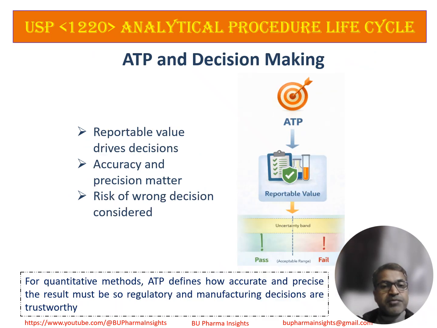ATP and decision making. The reportable value drives decisions. Accuracy matters. Precision matters. The risk of a wrong decision is explicitly considered. For quantitative methods, ATP defines how accurate and how precise results must be, so regulatory and manufacturing decisions are trustworthy.